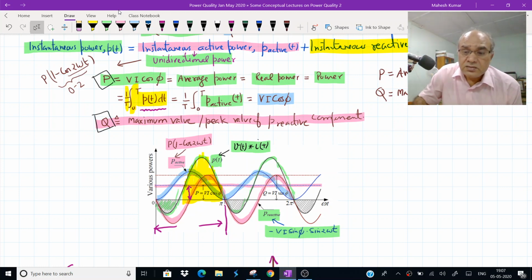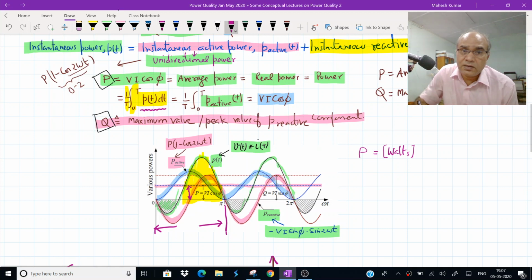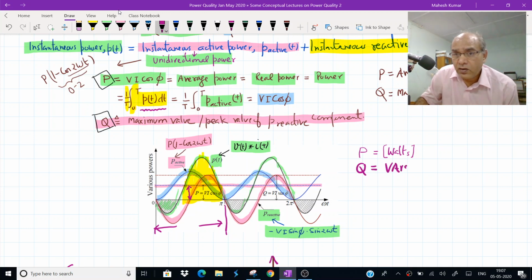The real power P is defined in terms of watts, W. And the power Q is defined in terms of reactive VAR, volt ampere reactive. So these are the dimensions of P and Q.